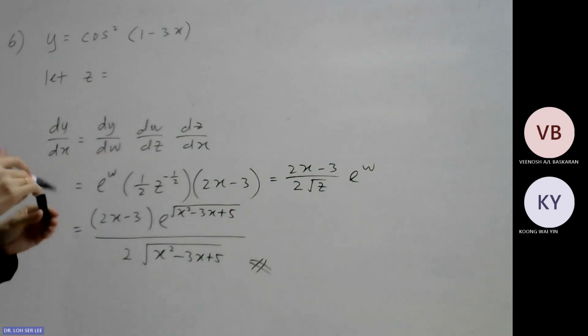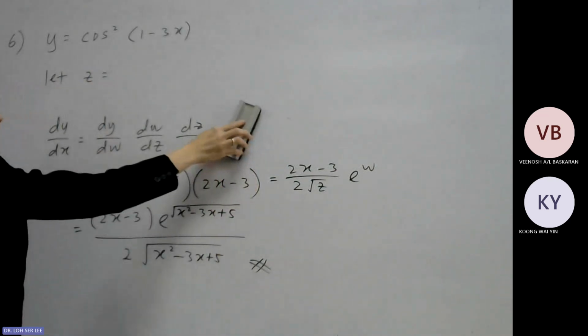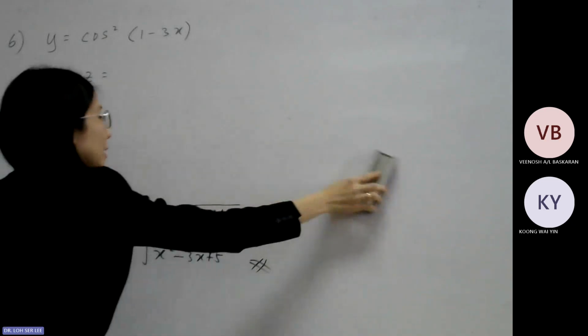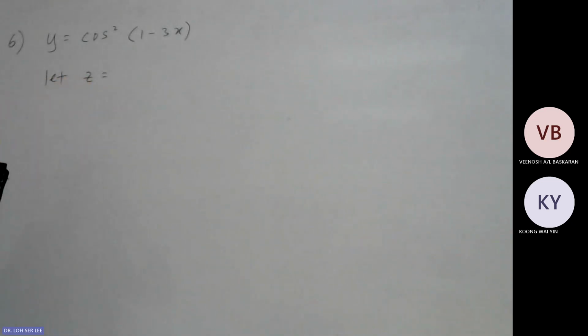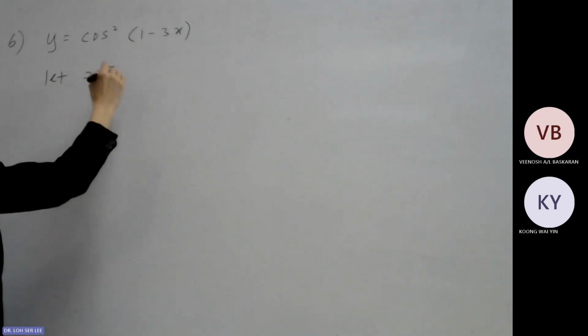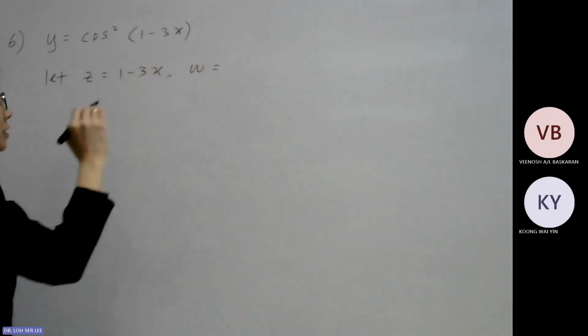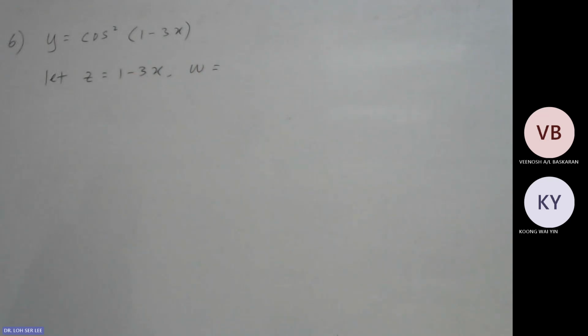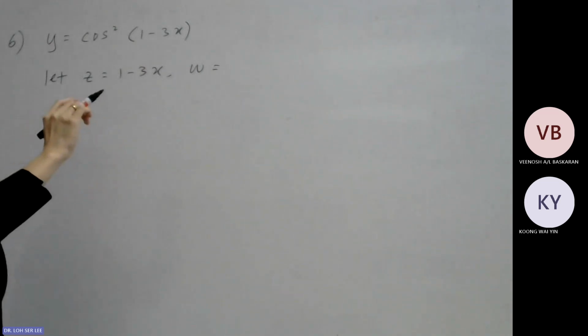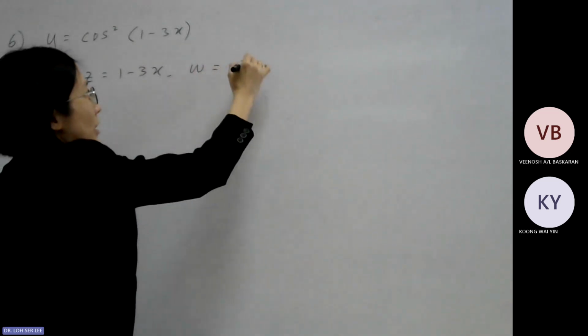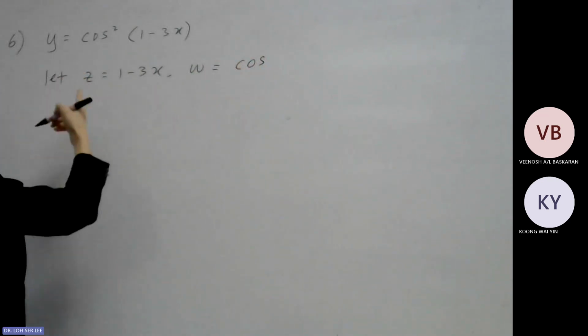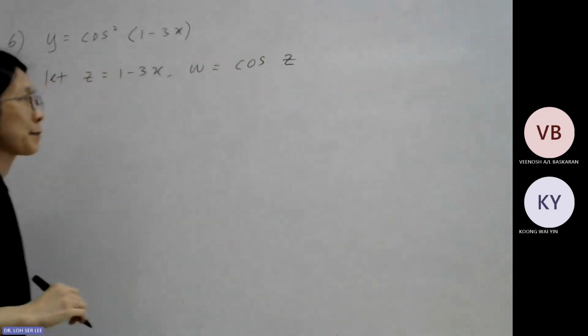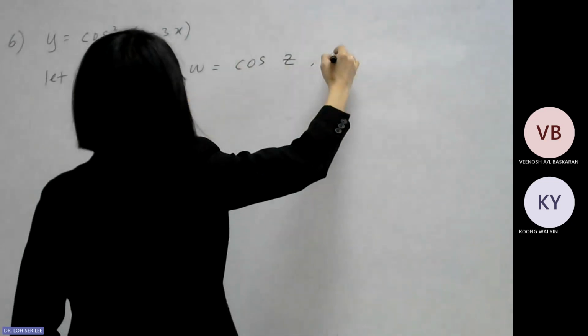Okay, this one. The Z is 1 minus 3x. W is, if W equals to Z only, then we don't need extended chain rule. Your W should be cos Z. What is your Y?